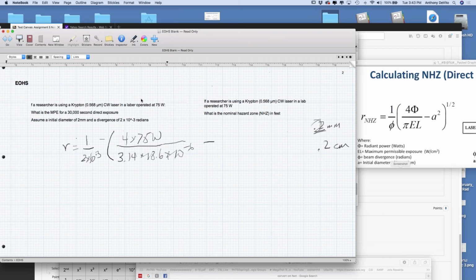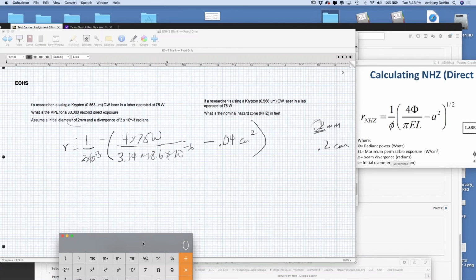Okay, so it's squared. 0.2 centimeters squared is 0.04 centimeters squared. It's going to wind up being negligible probably. So let's actually go ahead and calculate this.